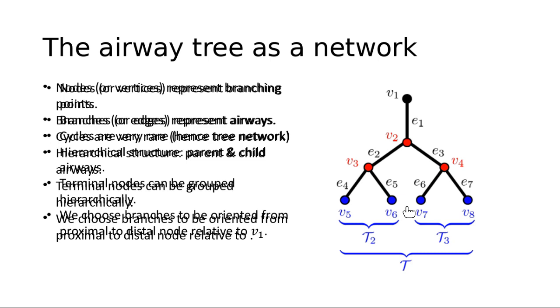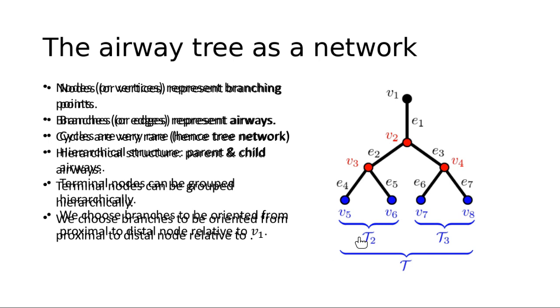Because it's a tree structure, you can think of it as hierarchically ordered. So every airway has a parent airway, and it branches into children airways, and then at the end of the tree, which in this case is the alveoli or acinar regions of the lung, wherever you decide to cut that off, you have some terminal nodes, and those terminal nodes can be grouped by the branches that they have in common further up the tree.